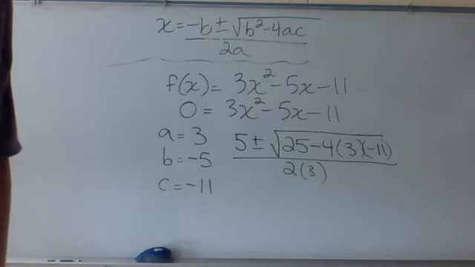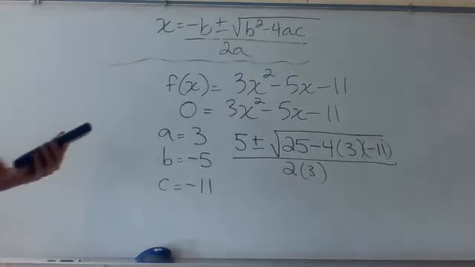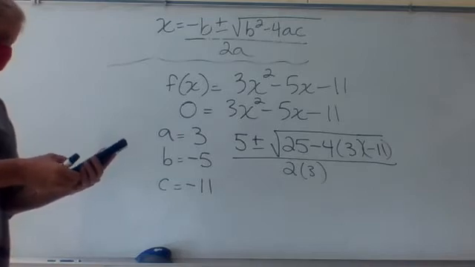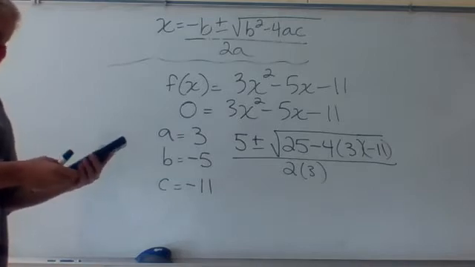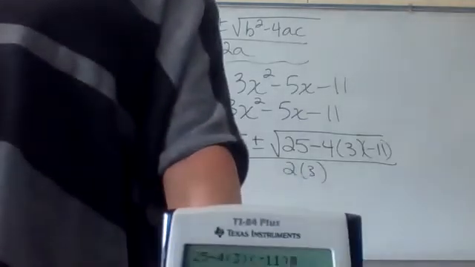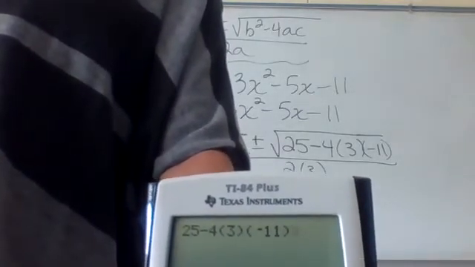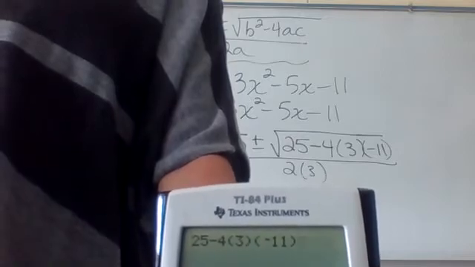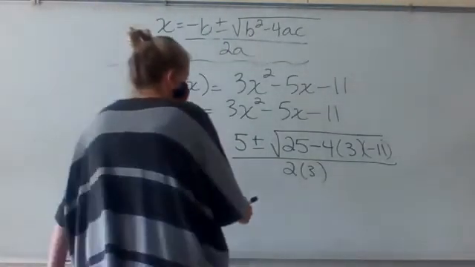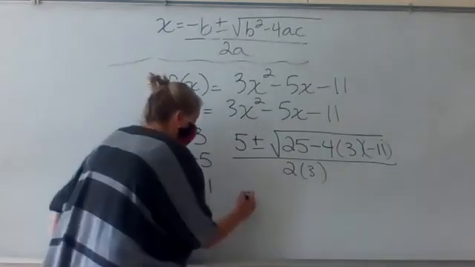So let's see, what is underneath the square root simplified to? So 25 minus 4 times 3 times negative 11. So once again, you're just making what's in your calculator exactly match what's underneath that radical. So I hit enter and it gives me 157.